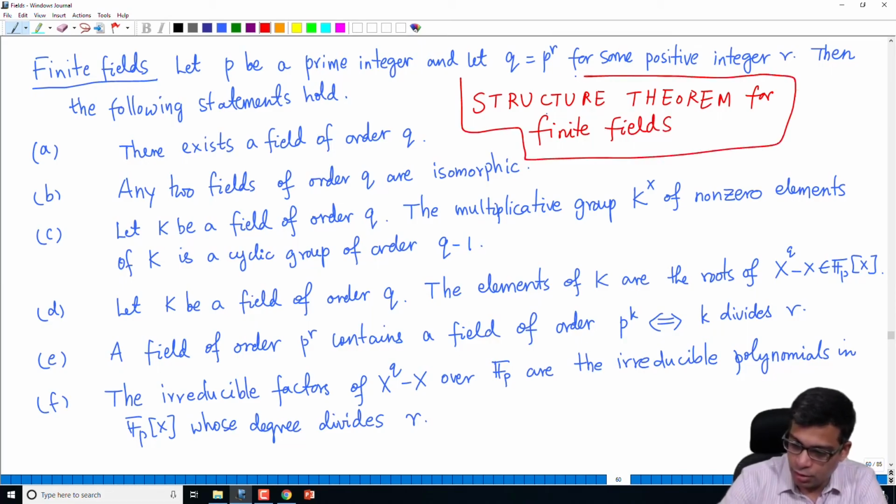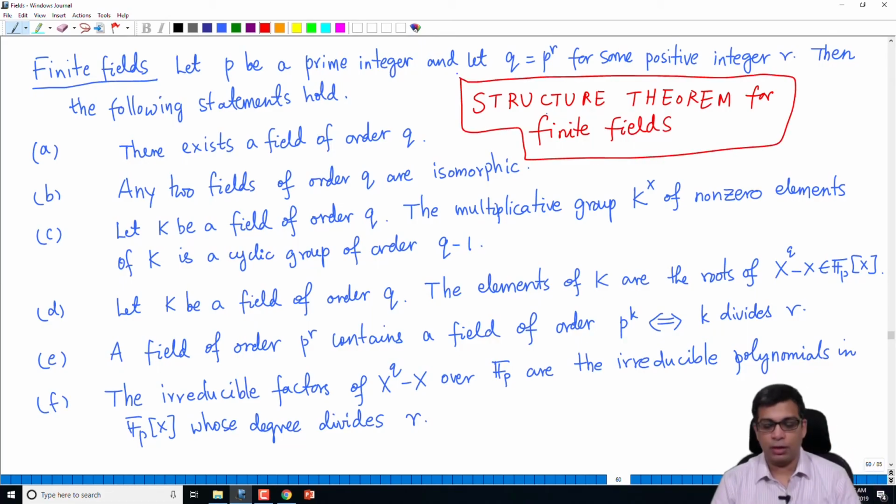So it nicely groups together all the statements that we can prove about finite fields, and together they tell us a lot about finite fields. Finite fields are well understood. Unlike extensions of Q, where there are infinitely many elements and many things to study, finite fields are sort of completely understood from this theorem.